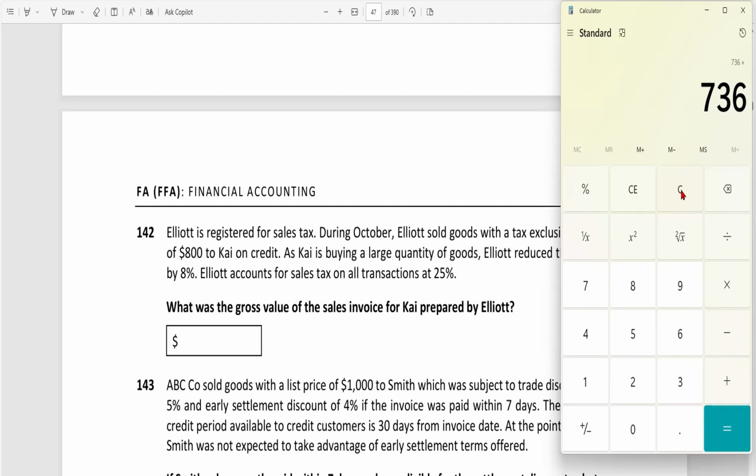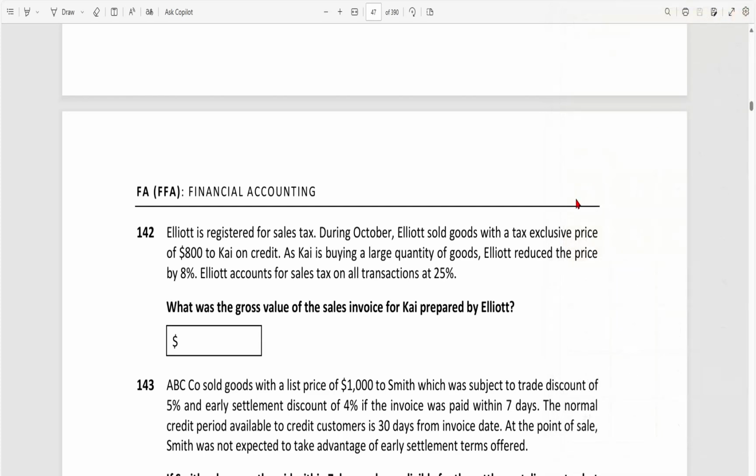So it means 100 plus 25% means 125%. That means I can multiply by 1.25. So it will give 920. Okay, so this is the way to solve the question, right?